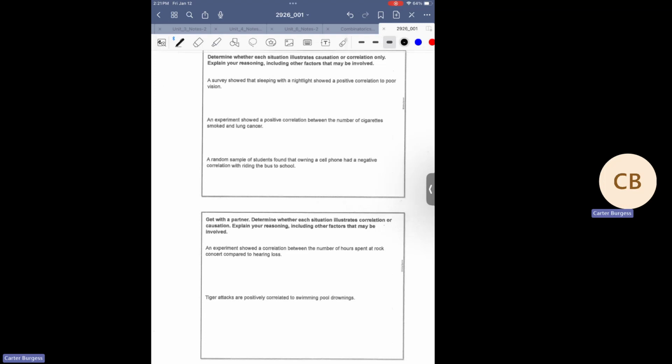And the buzzword, the thing that you look for, is if it says the word experiment, then we have causation. And if it doesn't say the word experiment, then we have correlation. Experiment or study are the two words. That's the only time you're going to be able to say that yes, it is causation: if an experiment was run.